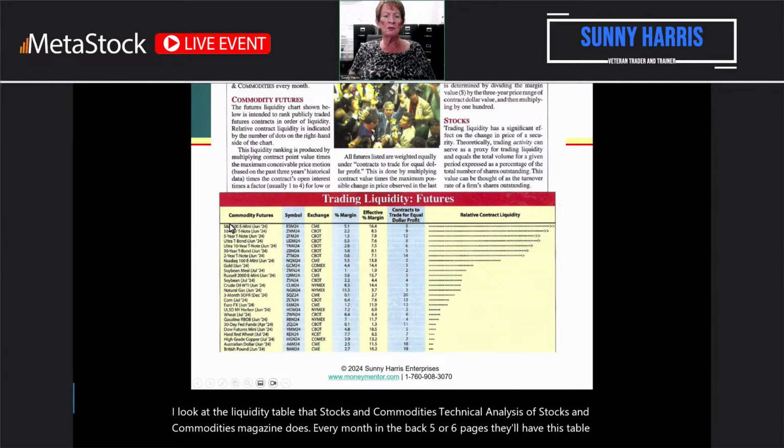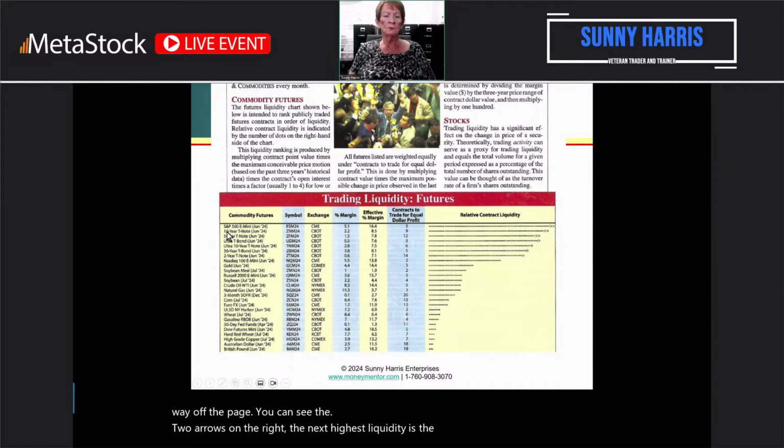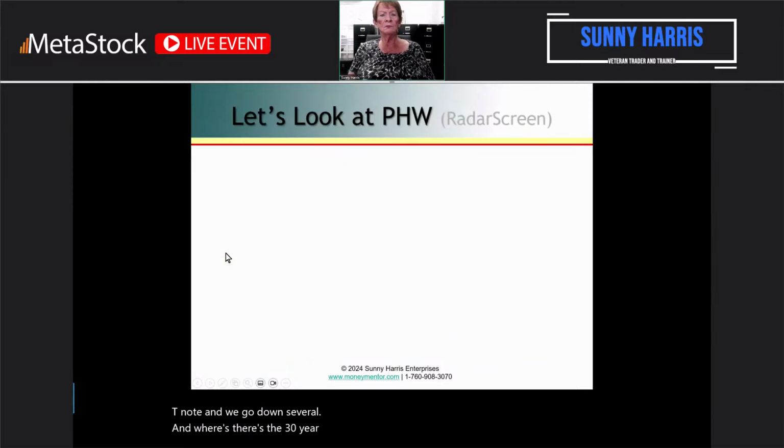And you can see that the S&P 500 is always on top. And it not only has the most liquidity, it goes way off the page. You can see the 2 arrows on the right. The next highest liquidity is the 10-year T-note, and then the 5-year T-note. And we go down several, and there's the 30-year bond.